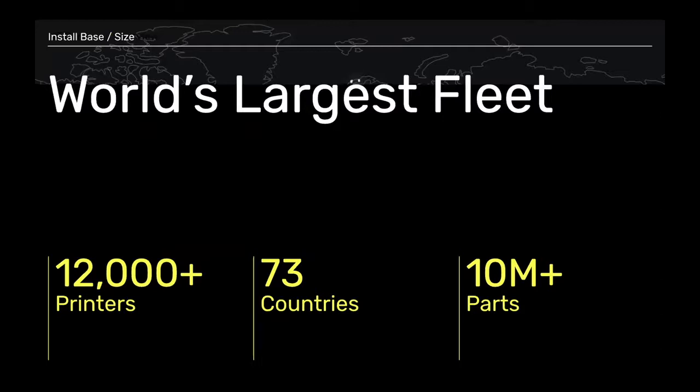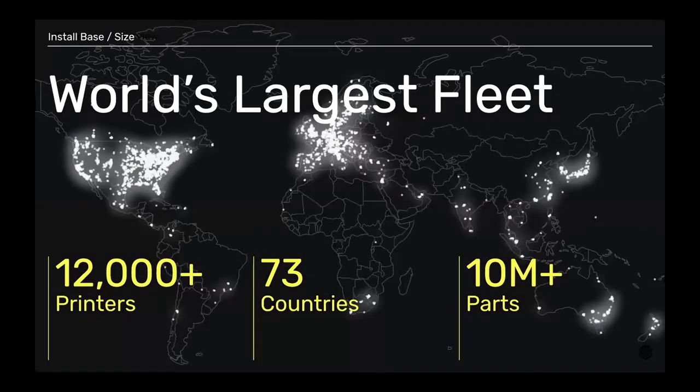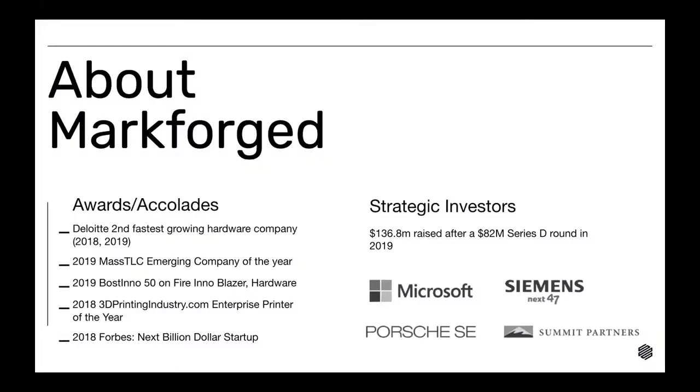So with that in mind, who is Markforged? Markforged is an OEM of 3D printers, material, and software. We have the world's largest fleet of industrial 3D printers, with over 12,000 printers in the field in 73 countries, producing over 10 million parts. On the right there, you see some of our strategic investors, which are from a variety of industries, including Microsoft, Siemens, Porsche, and Summit.